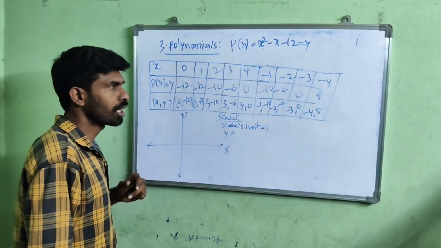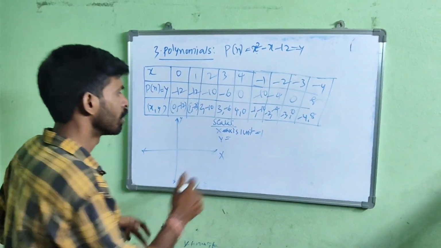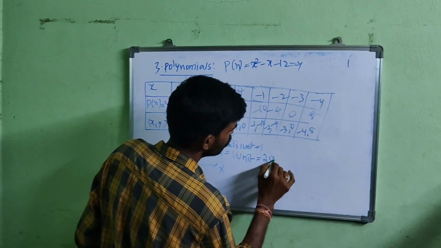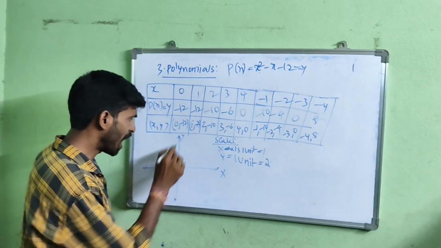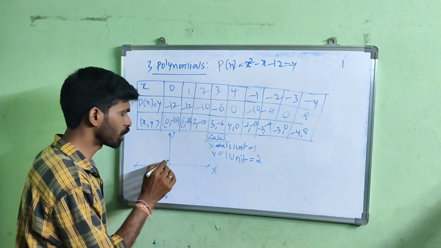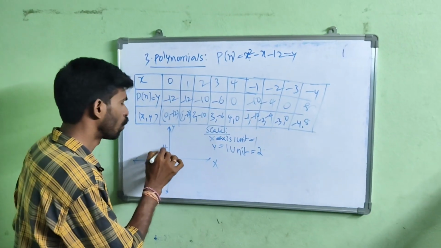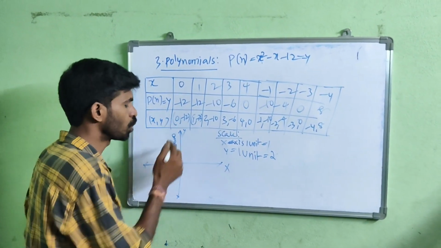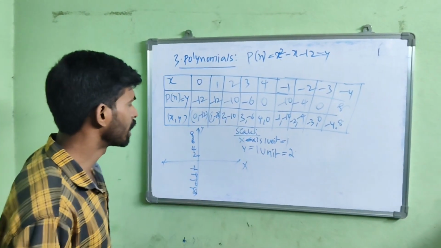For example, if we have more numbers, for example 40 or 30, at that time we need to take 1 unit equal to 2. That means on the y-axis 1 box is considered as 2. 2 4 6 8, every time we need to increase by 2, -2 -4 -6 -8, like that we need to take.